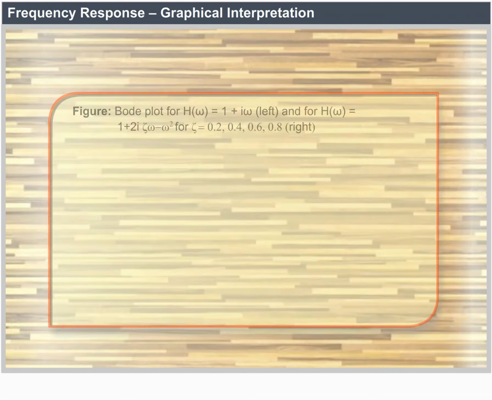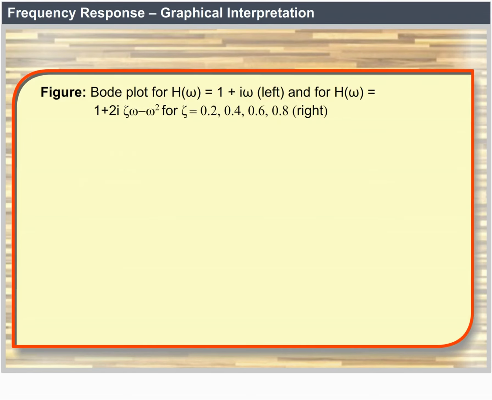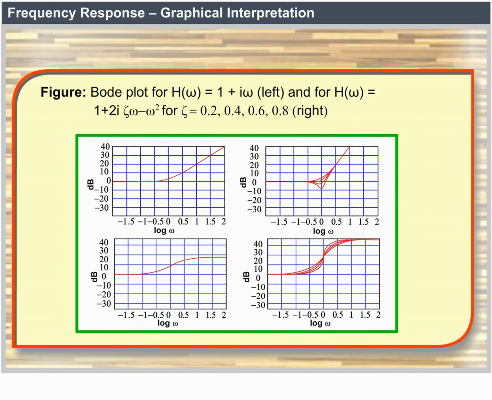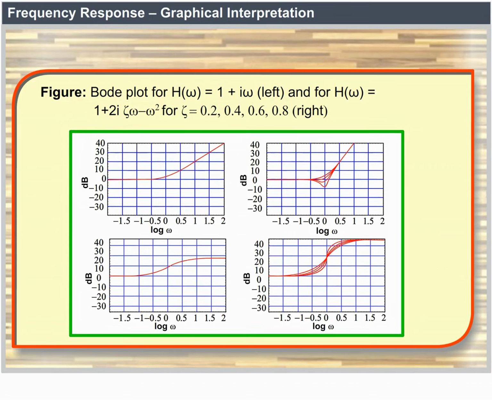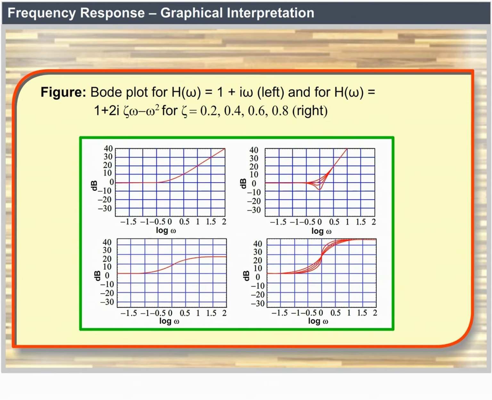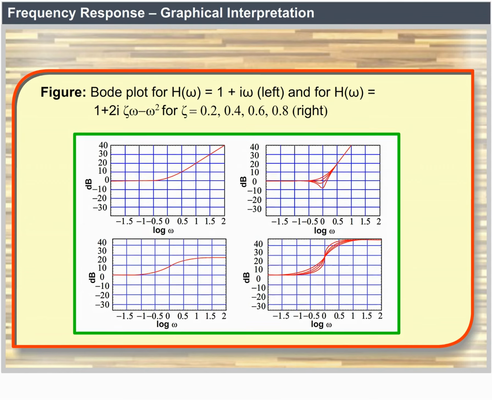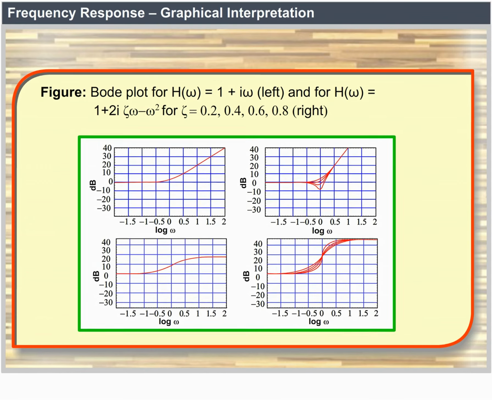Figure: both plots for H of omega equal to 1 plus i omega on the left, and for H of omega equal to 1 plus 2i zeta omega minus omega squared for zeta equal to 0.2, 0.4, 0.6, 0.8 on the right.